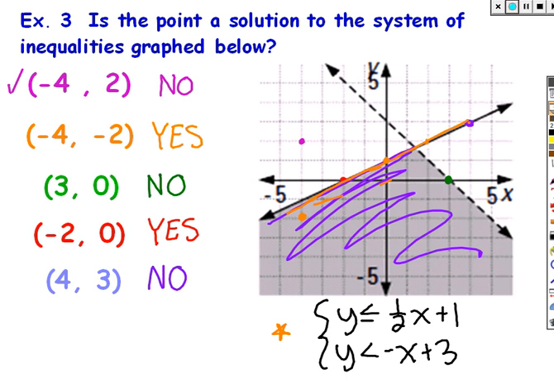And on the second, since I have a dotted line and I'm shading beneath, it's going to be y <, your y-intercept's up at (0, 3), and your slope is -1, down 1 over 1. So that gives you your second inequality. If I find the inequalities, then I could just plug in this for x, this for y, and see if they make both inequalities true. If these points don't make both inequalities true, then they would not be a solution to the system.